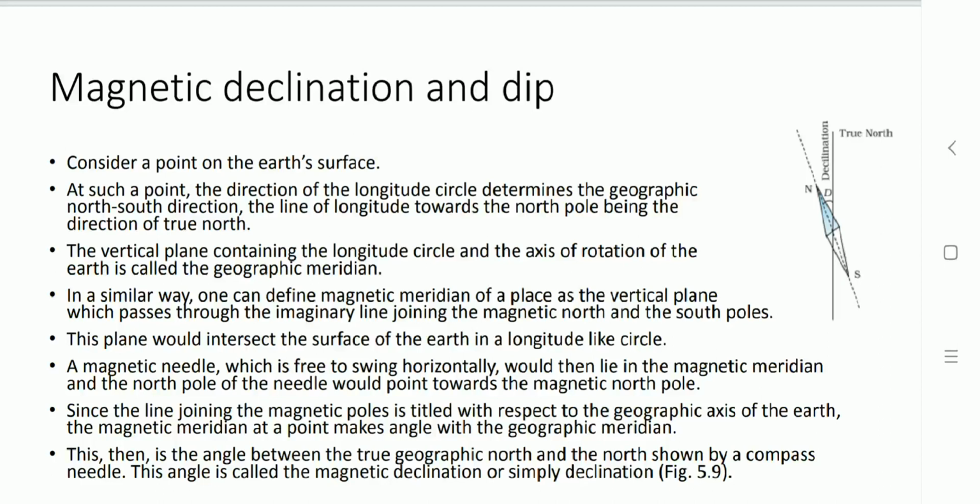So while this needle is placed horizontally, it gives the direction, with the north pole of the magnet towards the geographic north of the earth and the south pole of the magnet towards the geographic south. While we draw the magnetic north-south line and the straight vertical line of the longitude circle, the angle between these two lines gives the declination, that is the magnetic declination.